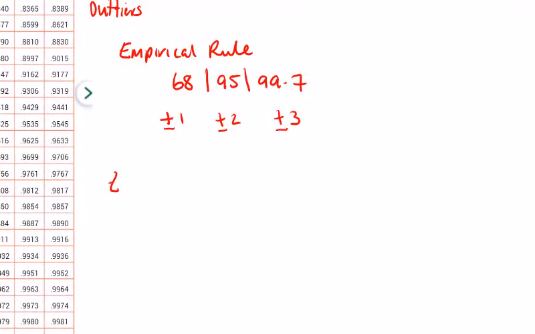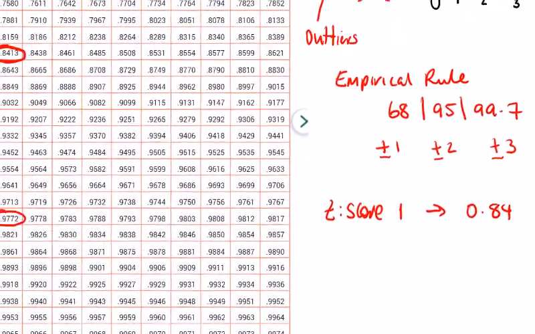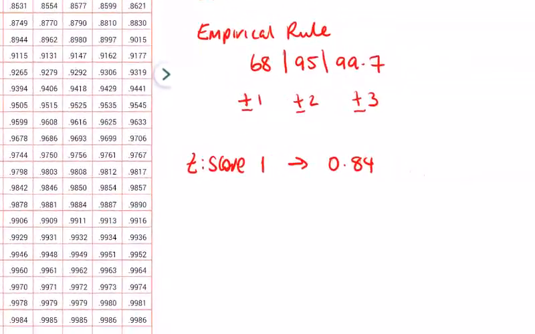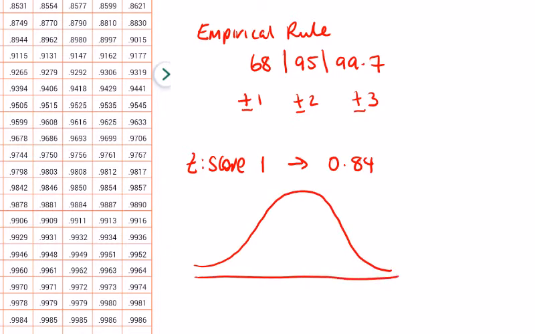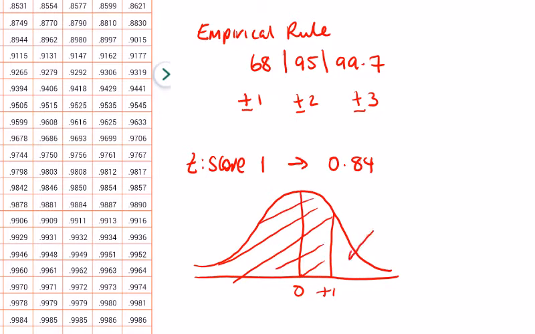A Z score of 1 gives a number of 0.84. Now it's 8413. So if we draw a curve, and here's our center at 0, we take +1 to be here. It's telling me that 84% of all the data is to the left of this +1, which means how much is in here? 84 and 16, so 16% of the data is in there.